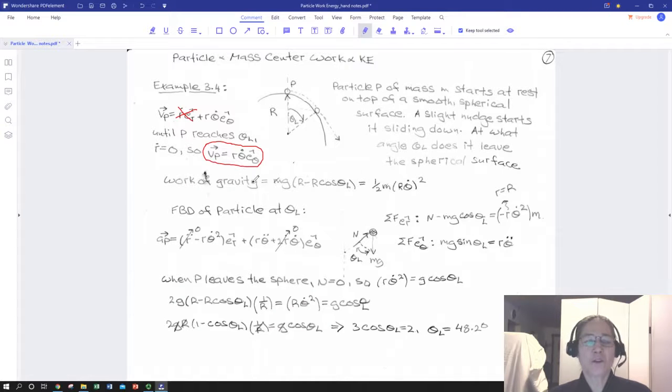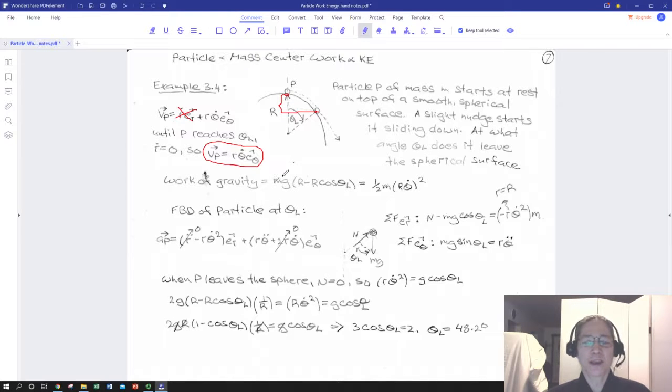So let's look at the work that gravity will have to do on this particle to take us from its starting point up here to wherever it departs. Gravity is going to have to move it down this far. So if we write an expression for the vertical height at the departure point and subtract it from the starting point, apply the work of gravity, mg, over that vertical distance, we will have what's effectively the potential energy of our starting point, or the work done by gravity to get us to our flying off point.